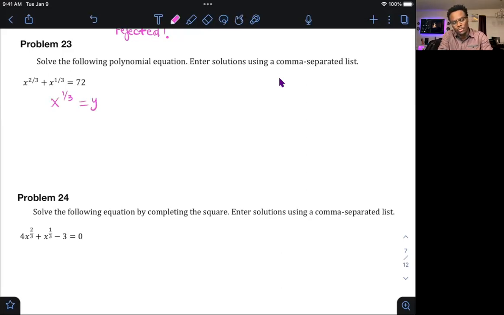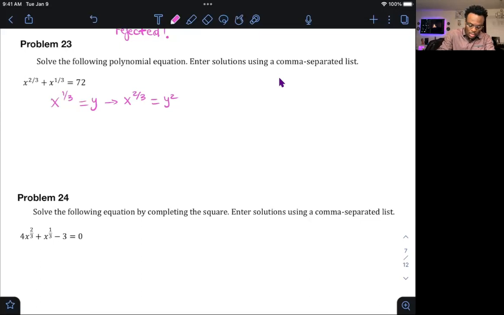Now, by calling this, you would have x exponent 2/3, by squaring both sides, equals y squared. That said, we will be able to have a better situation with a y variable for our equation.